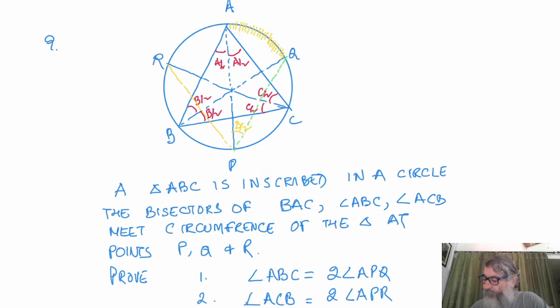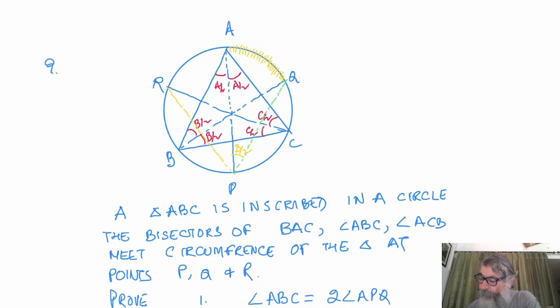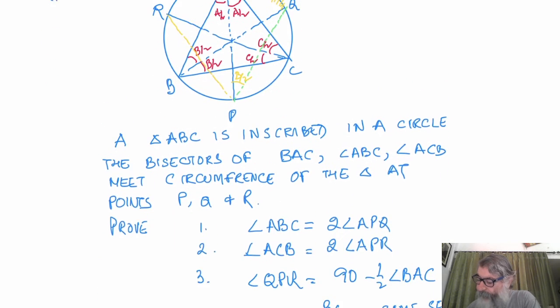Angle ABC is how much? Angle ABC is B. And angle APQ is how much?